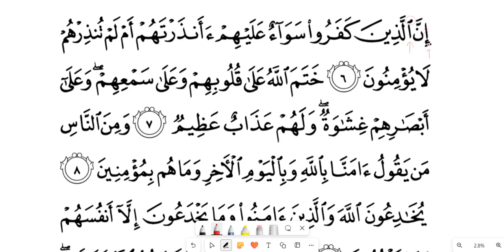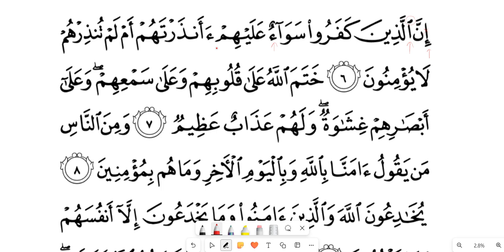Kafaru sawa'un, hamza coming at the end. Andartahum: this hamza is a difference in the script. This Quran is written in Uthmani script, and this is what you will be following in Quranic Arabic.